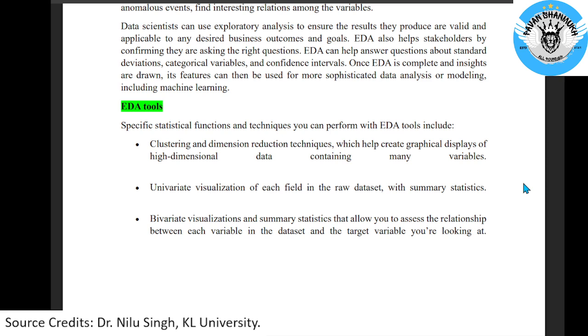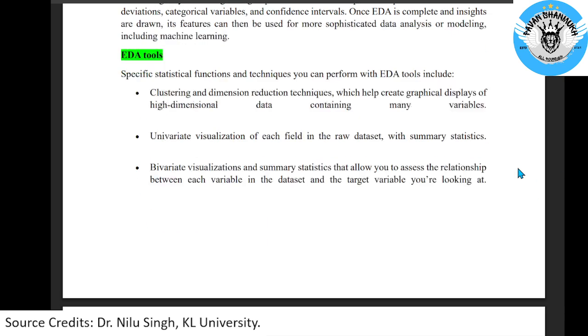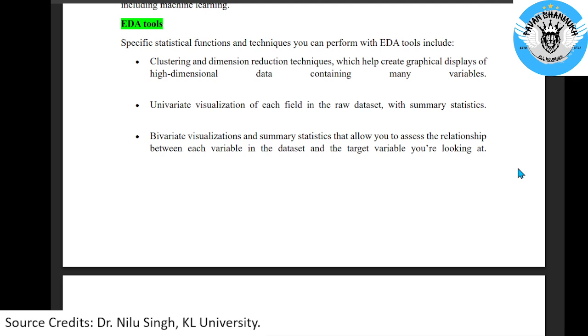EDA can help answer questions about standard deviations, categorical variables, and confidence intervals. Once EDA is complete and insights are drawn, its features can be used for more sophisticated data analysis or modeling, including ML. So, what are the EDA tools we use?